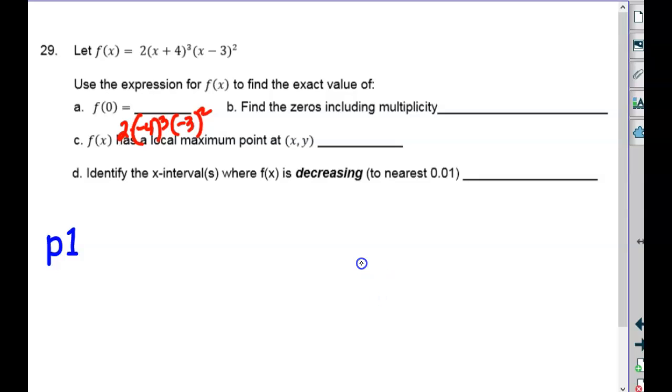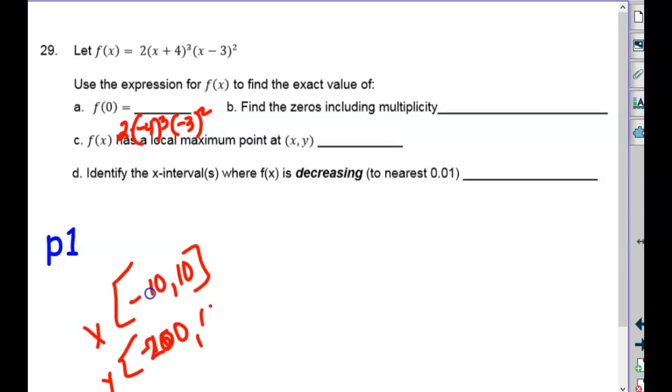Oh, great. It's not even high enough yet at 1,000. So if I make it 1,500, so my window was negative 10 to 10 for x's and negative 200 to 1500.